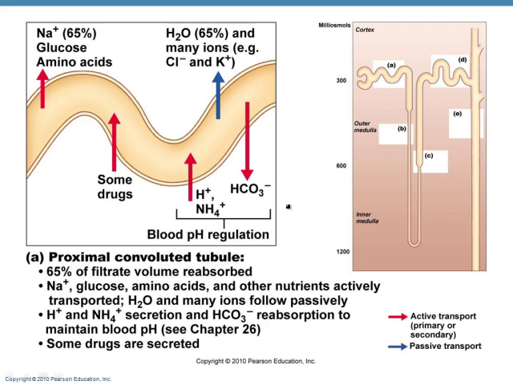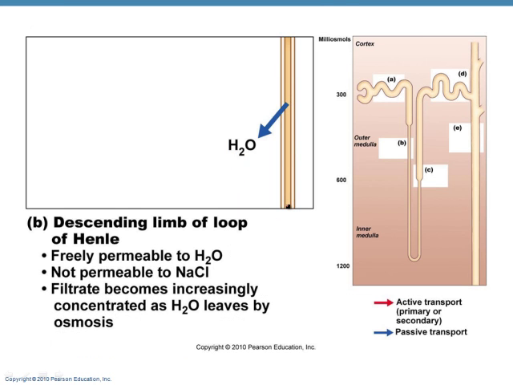The descending limb of the loop of Henle, freely permeable to what? Water. This is where a lot of my water balance happens. Not permeable to who? Sodium chloride. So, am I going to do a lot of sodium chloride stuff in the loop of Henle? No, I'm going to do a lot of water stuff in the loop of Henle. Filtrate becomes increasingly concentrated as H2O leaves by osmosis.